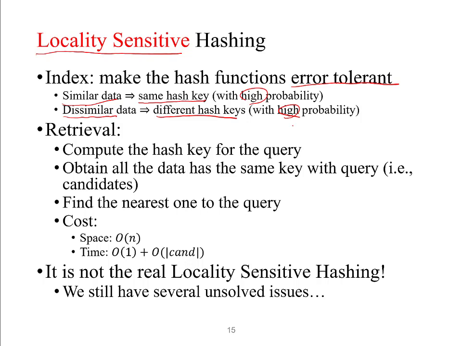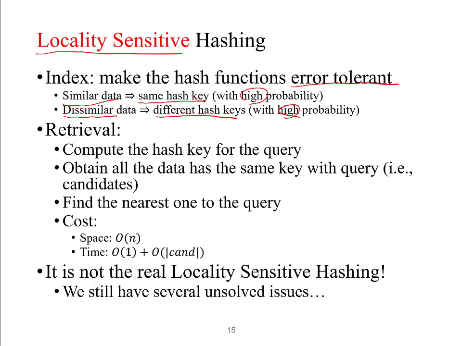Now in the retrieval part, assume that we have this kind of index where similar data have the same hash key and dissimilar data have different hash keys. Then in the retrieval phase, we compute the hash key for the query, of course.